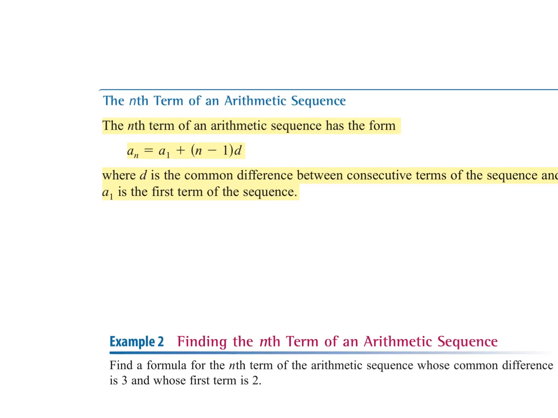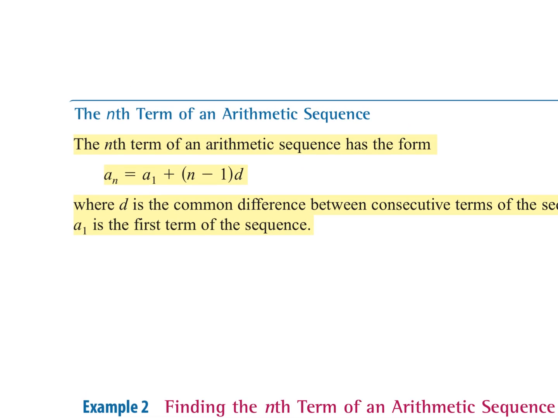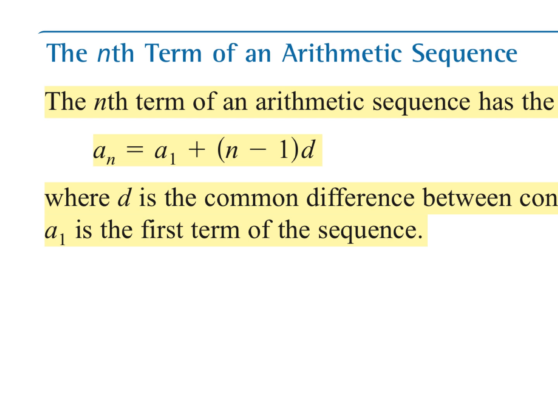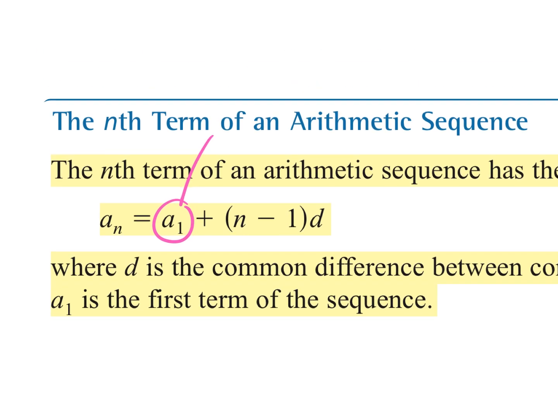So on the next page, we have our formula for an arithmetic sequence. When you are adding to get from one number to the next, we can come up with our equation for the sequence with this formula. So it is a sub n is equal to a sub 1. A sub 1 is going to be our first term.